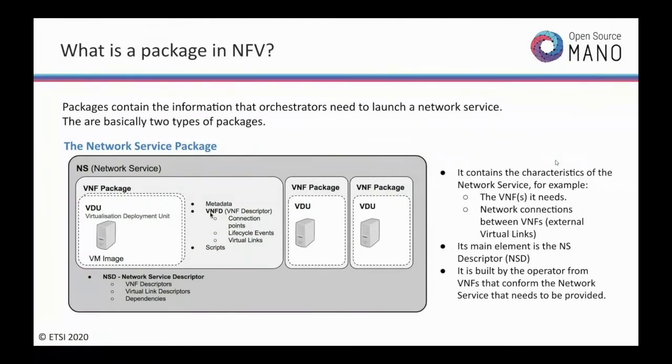So it is built by the operator from VNFs that conform the service that they want to build, to fit to the catalog. And this is what at the end is launched, a network service.